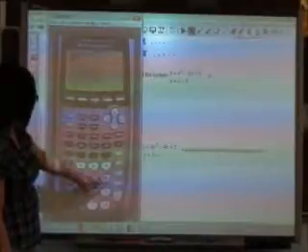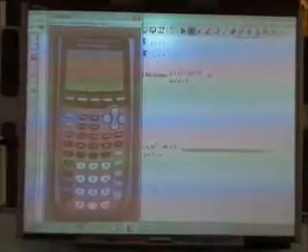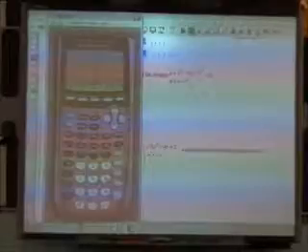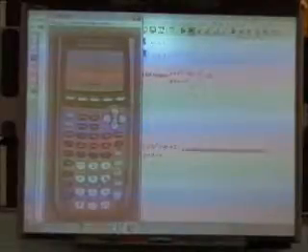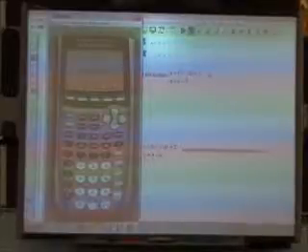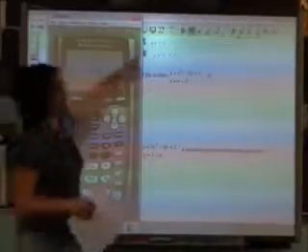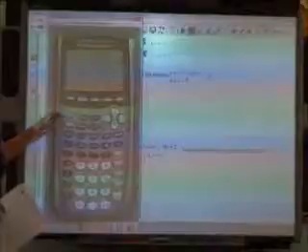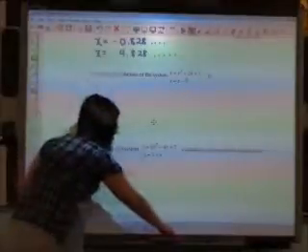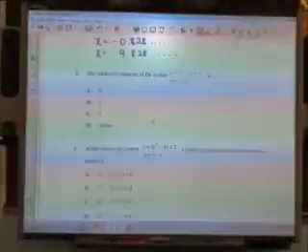And if I had chosen a standard window setting, there's my quadratic, and there's my linear. And I have to imagine what happens if I extend this out. Are these ever going to intersect? No. So how many solutions?